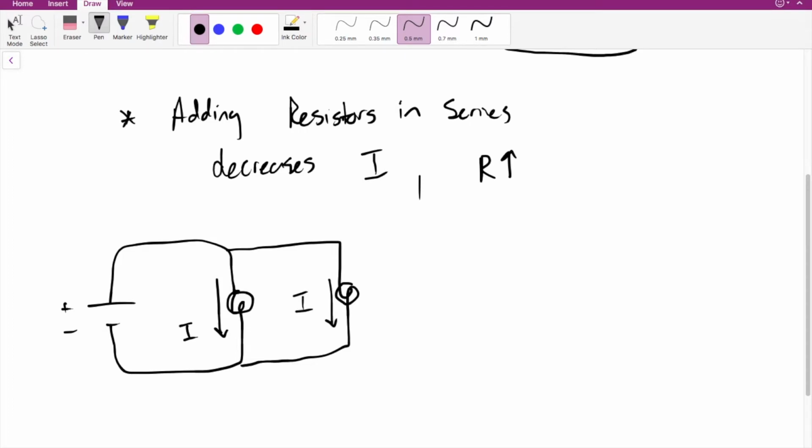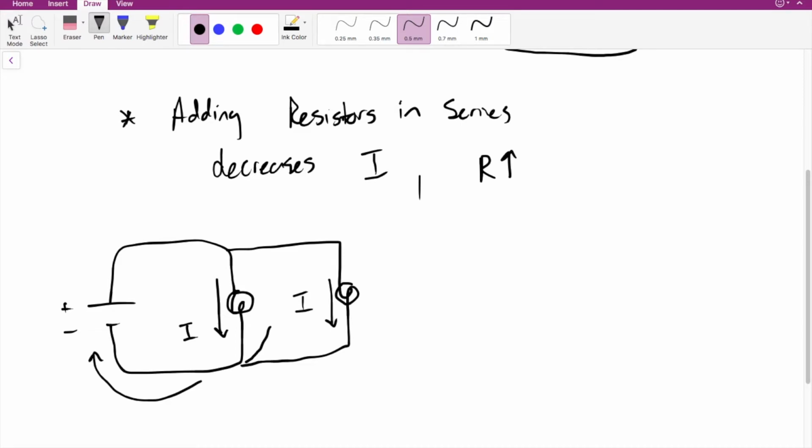And so, obeying Kirchhoff's current rule, so conservation of current, once these two currents meet at this junction right here, they add up. And so the amount of current going through the battery must have doubled.